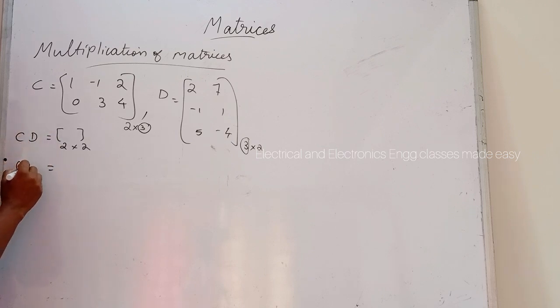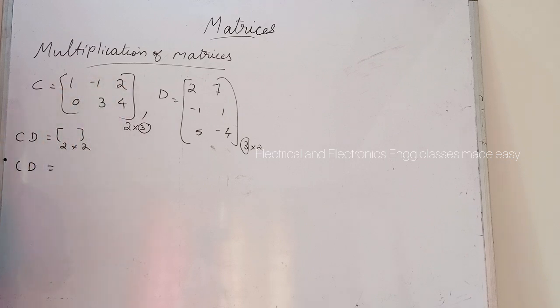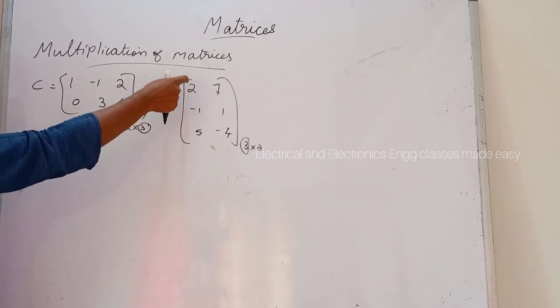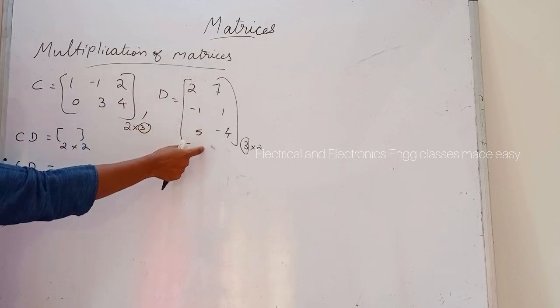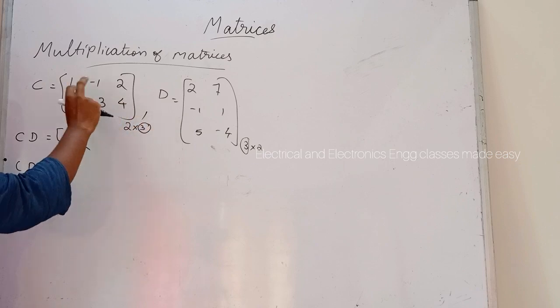C into D will be equal to: take the first row and multiply each element with the column of the second matrix and add.